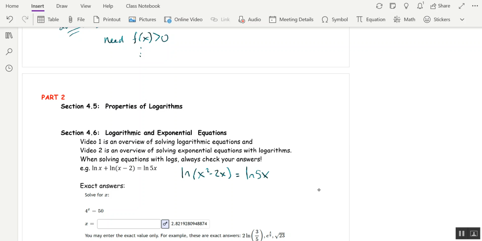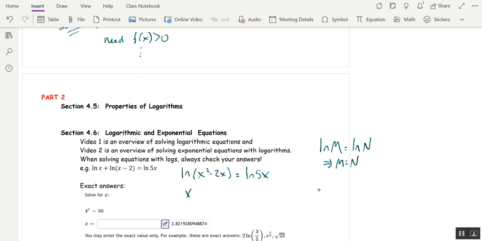Now we can use the one-to-one property of logarithms, which tells us that if ln of m equals ln of n, then m equals n. So if you have a single log on both sides, you can just set the arguments equal. But first, you have to rewrite it so you have a single log on the left.